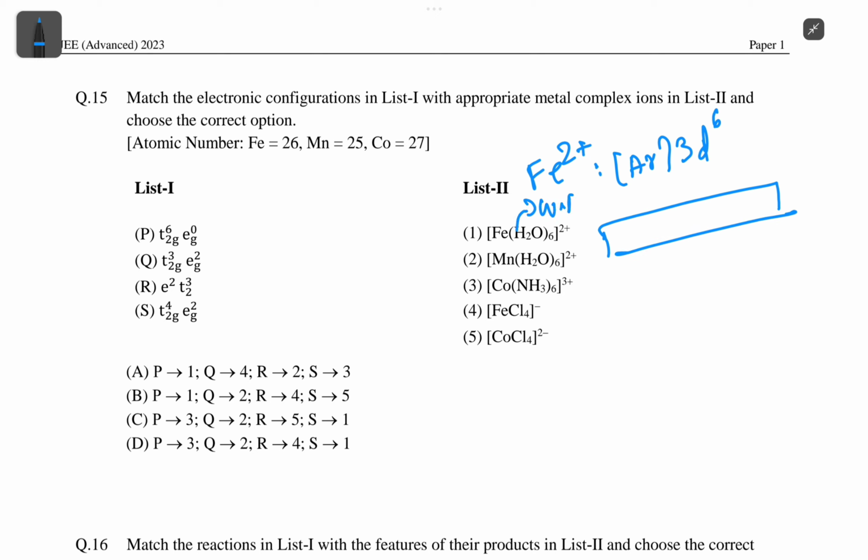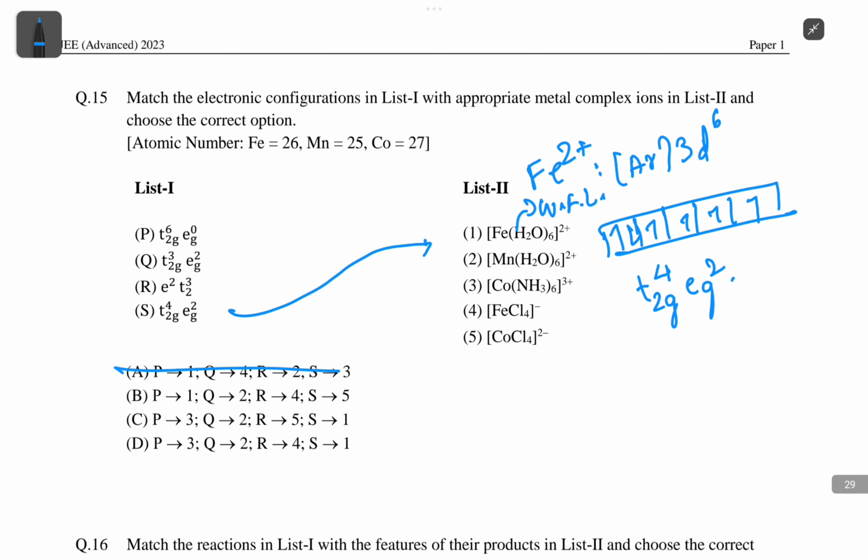Also, this is a weak field ligand, so we can clearly see that this would not happen, and clearly this should exist as t2g4 and eg2. So S matches with 1, so we have one out of these two options. Okay, so P3Q2, so I need to check R.